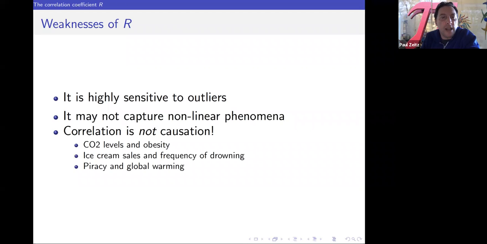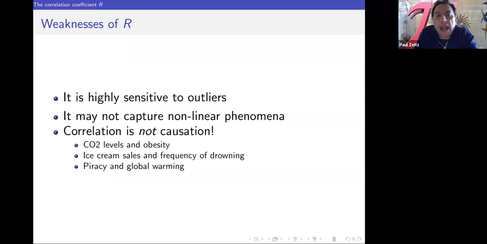But here are some examples, and I'm sure you have your favorite examples. I think I have 3 here. If you do a scatter plot of carbon dioxide levels over time against the frequency of obesity in the United States, you see something which indicates that perhaps extra CO2 is causing people to gain weight.